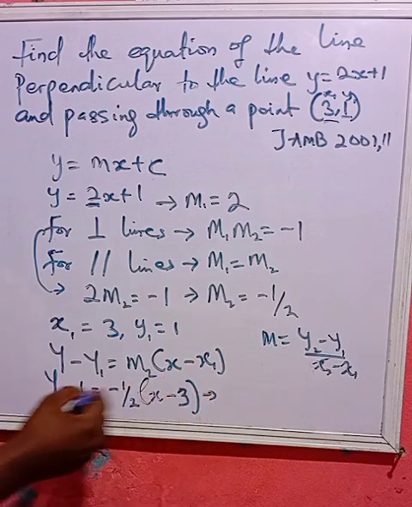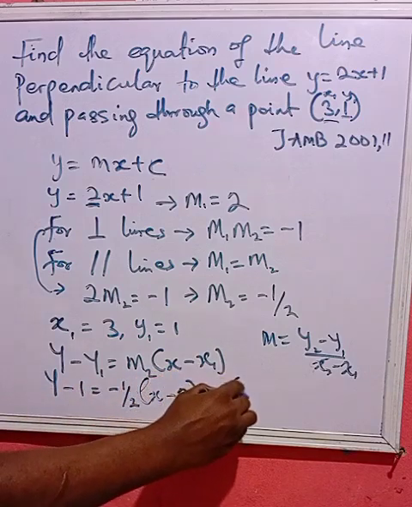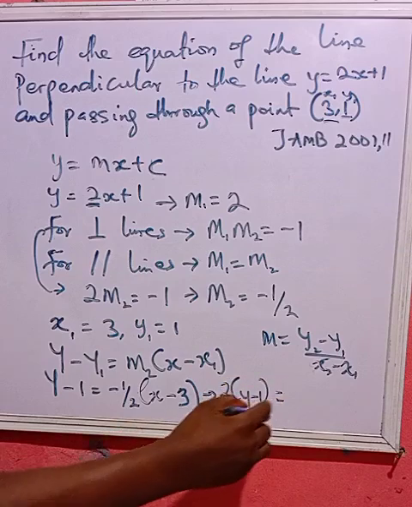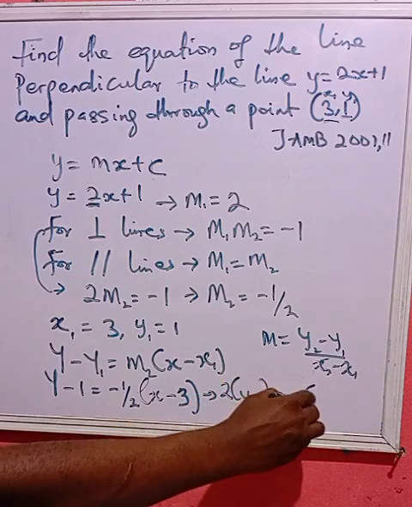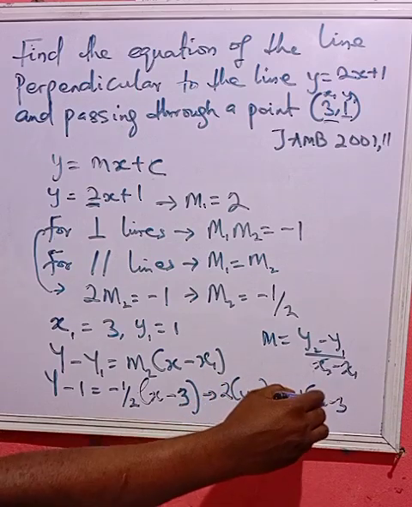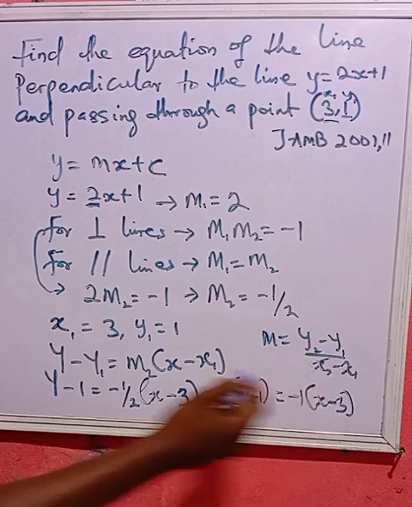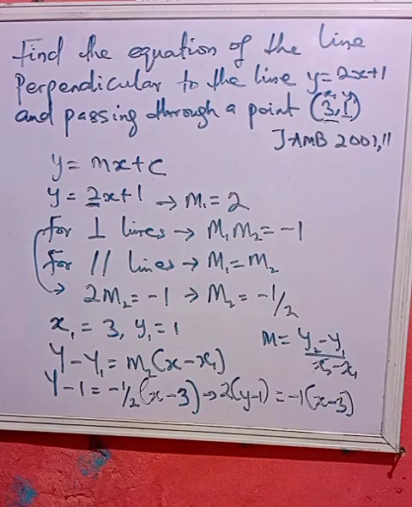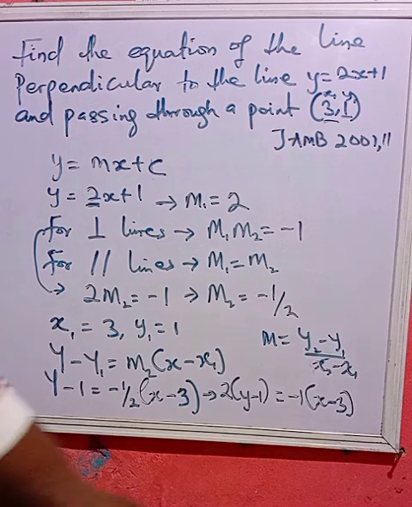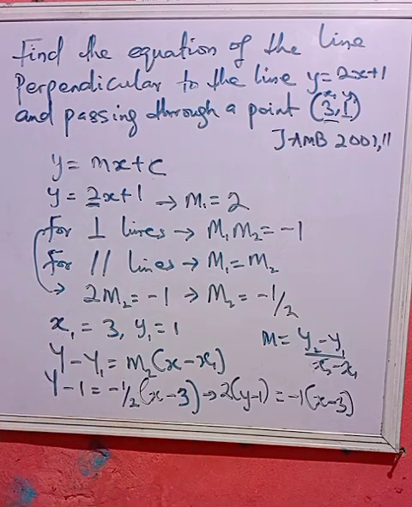On this side, we have 2 into bracket y minus 1 equal to minus 1 into bracket x minus 3. It's quite simple. I usually ensure I make questions as simple as I can while solving them.